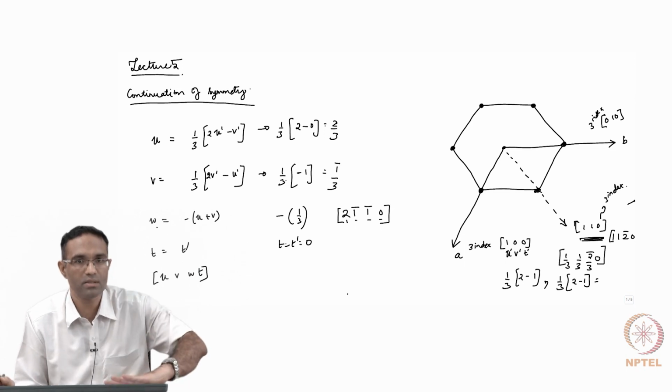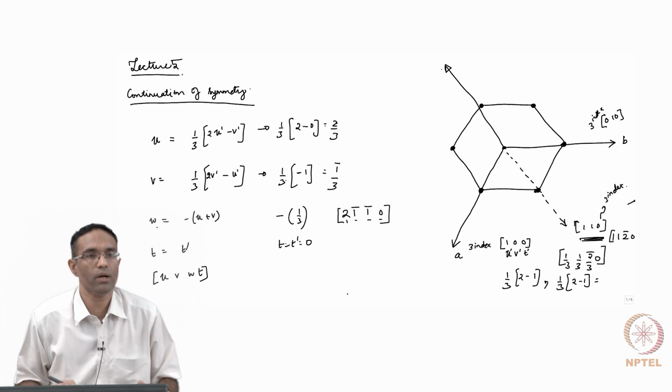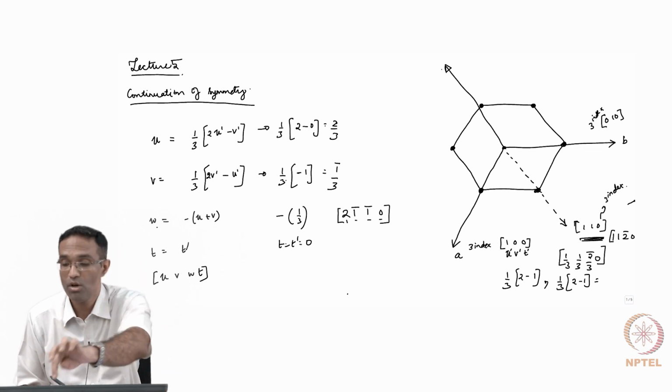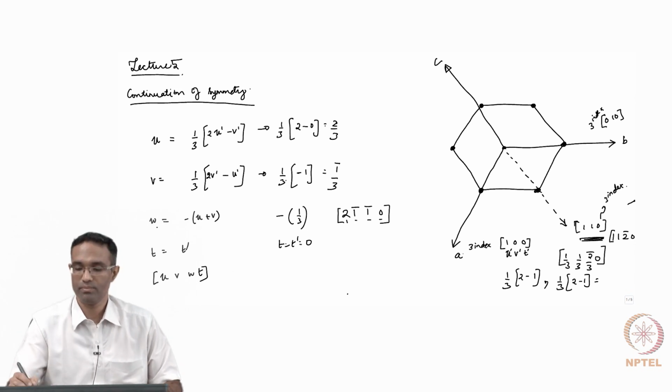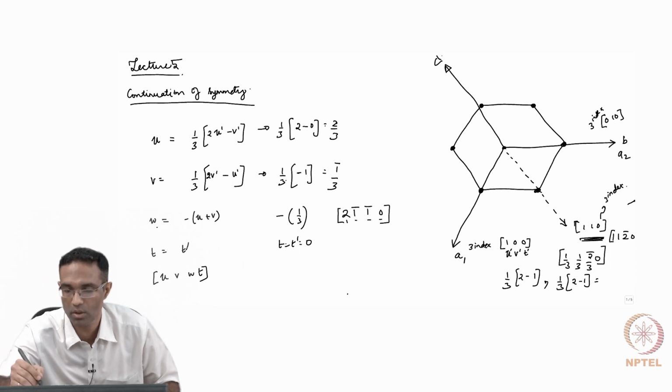That is why in the hexagonal system, the 4 index system is actually used. It should not be very hard for you to find out the directions in the 4 index and in the 3 index system for these equivalent axes, which are normally called A1, A2 and A3.